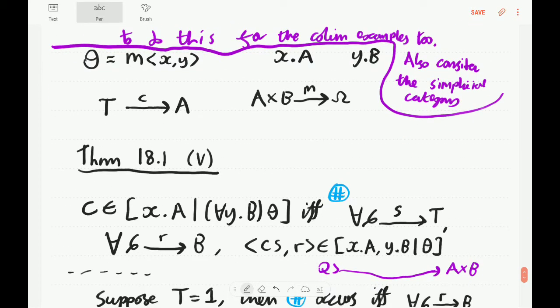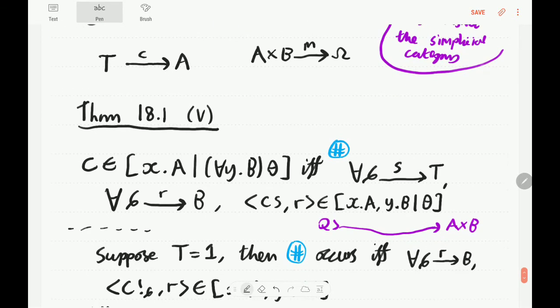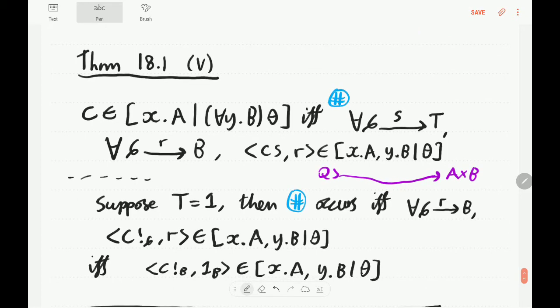Now, we can also have a go at applying the other one, which is for Forall. So we have the same setup as before. And this time, C is going to be in this extension of Forall y theta, if and only if for every arrow S from zeta to t, and for every arrow R from zeta to t, we have C S R is in the extension of theta over x and y.